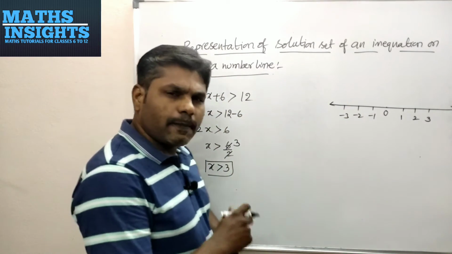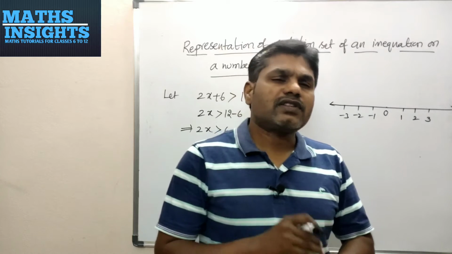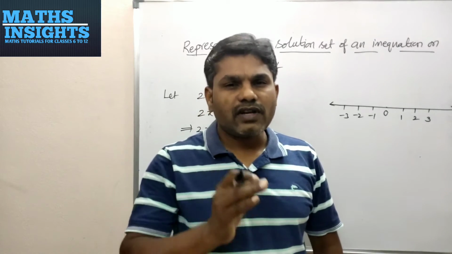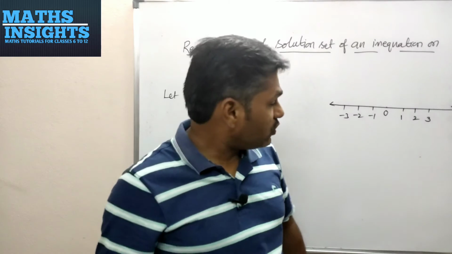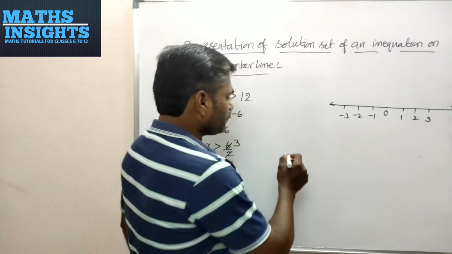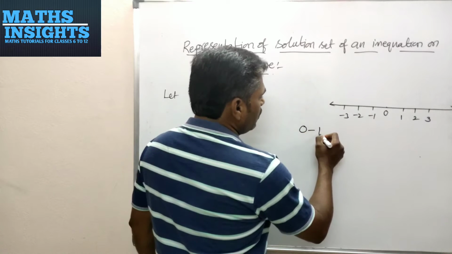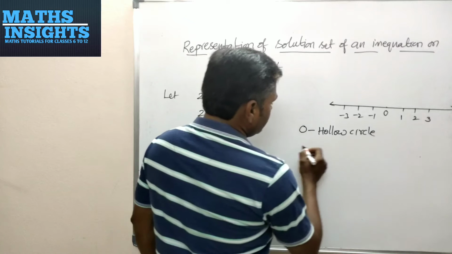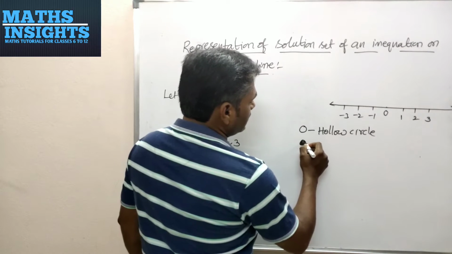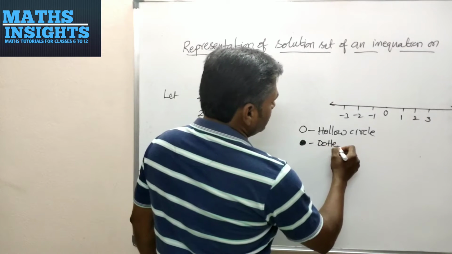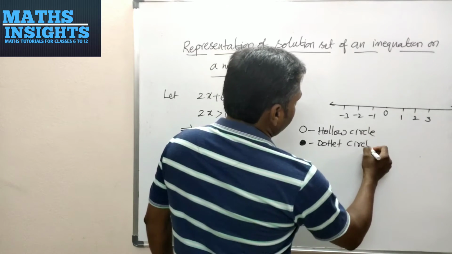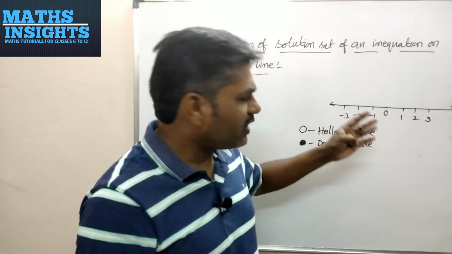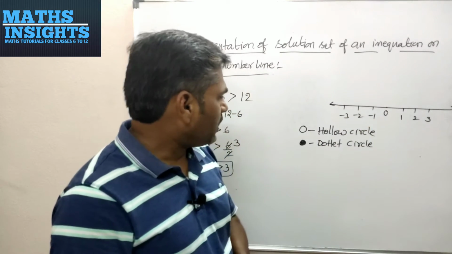For representing the solution of this inequation on the number line, for our convenience, we are using two symbols. The first one is the hollow circle. The second one is the dotted circle. These two give very important information on the number line.